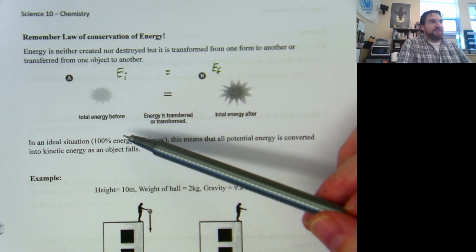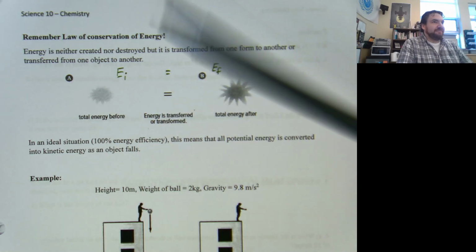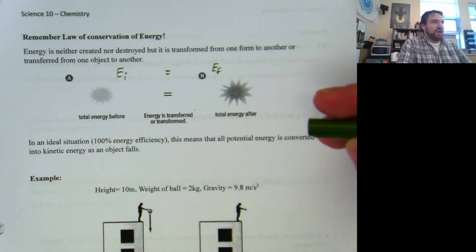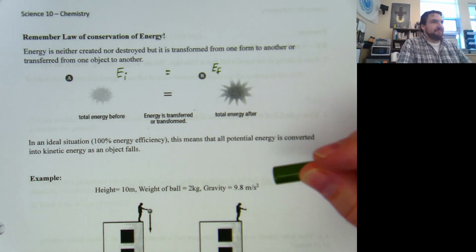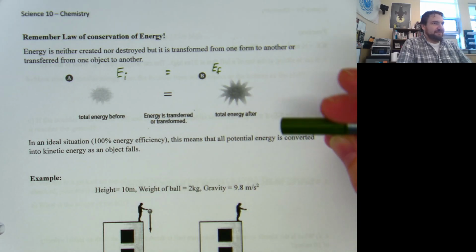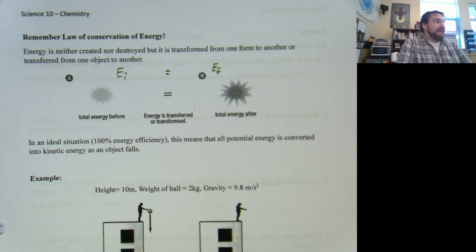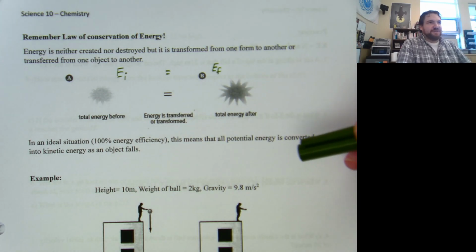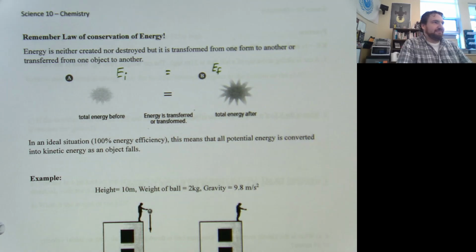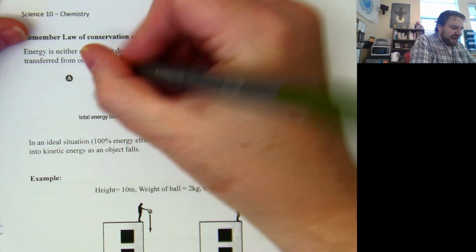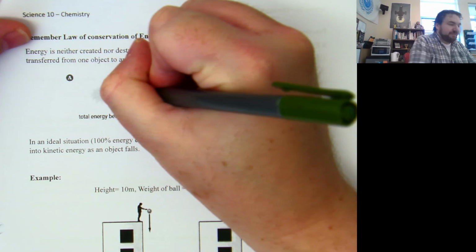At the beginning of a problem, could you give an object kinetic energy? This is not a trick question. The question could start with something like, the roller coaster is moving at 5 meters per second. Right? I could use those words. So yeah, of course, we could have an initial amount of kinetic energy.